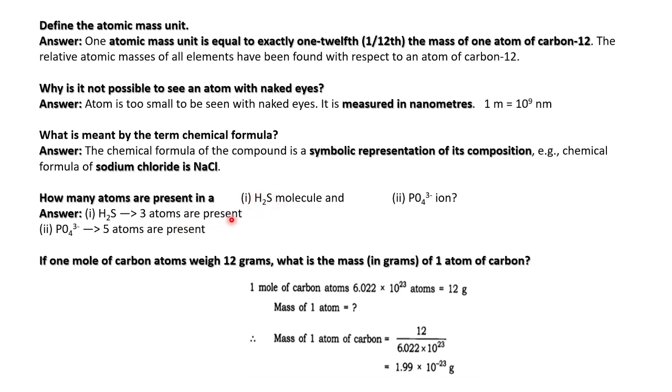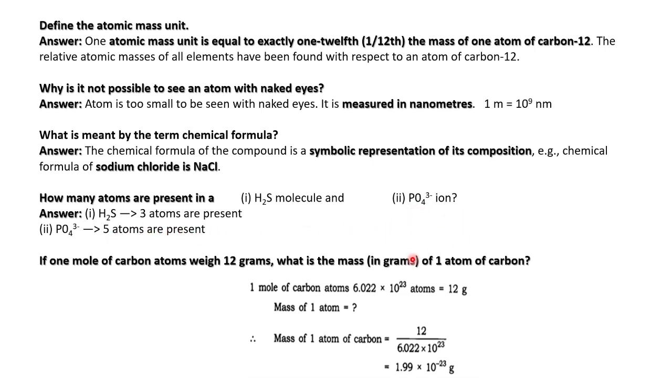In the same way, in phosphate, 4 oxygen plus only 1 phosphorus. No other coefficient is here. So 1 plus 4, 5 atoms are present in the phosphate ion.